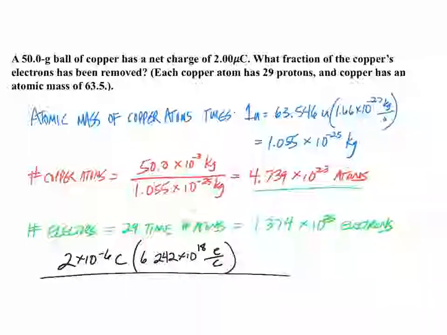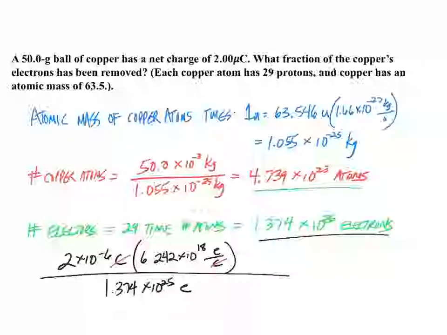That's basically 1 over the 1.602 times 10 to the minus 19. You can just use that directly.